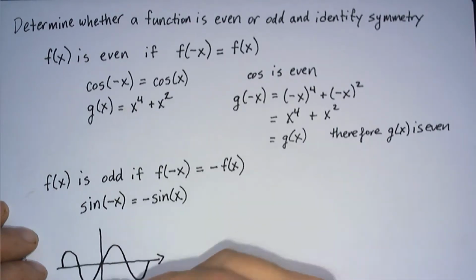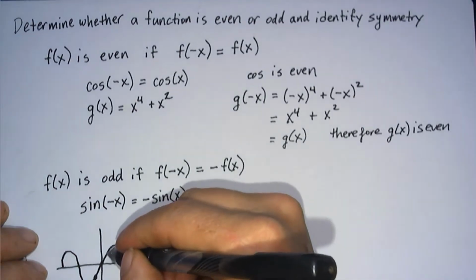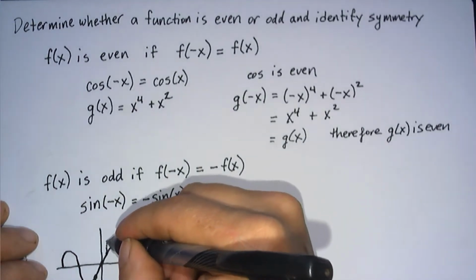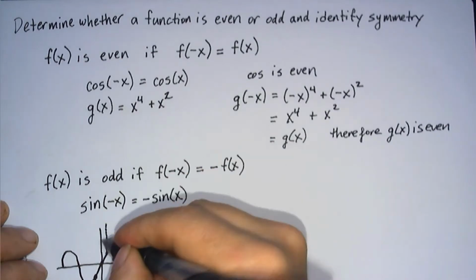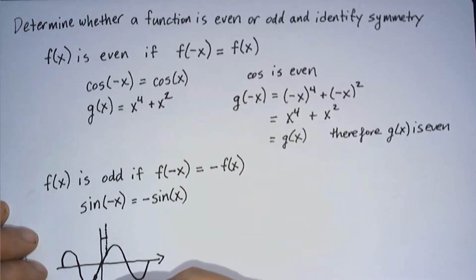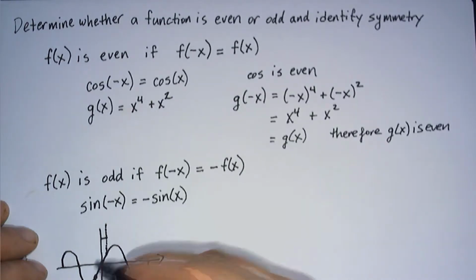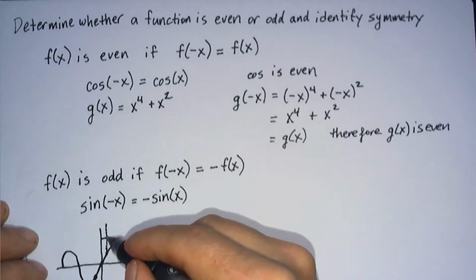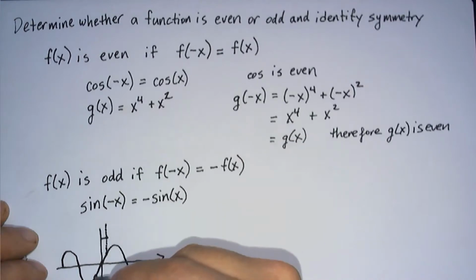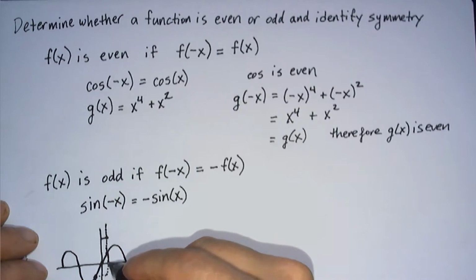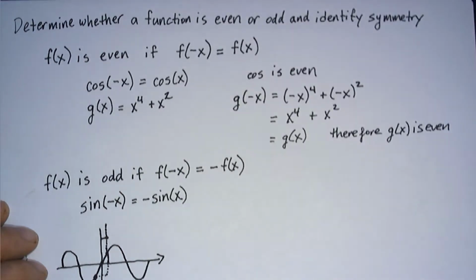Now notice that whatever x it is, on the opposite side of the origin, the same distance, say this distance and this distance, they're the same. So this would be f of minus 1, maybe, and this could be f of positive 1. Notice this distance is also the same. The only difference is their signs are different.